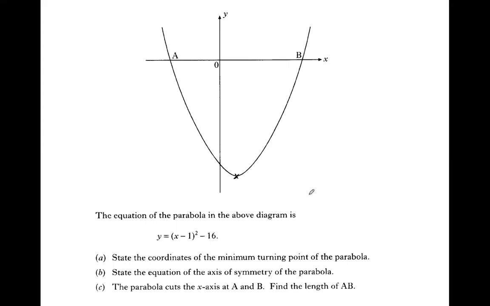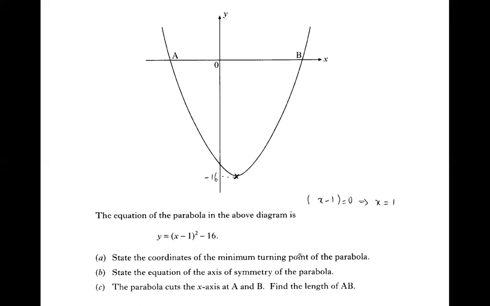So what we said last time was, this point, we will get to this minus 16 when this is equal to 0. So x minus 1 equals 0, when x equals 1.